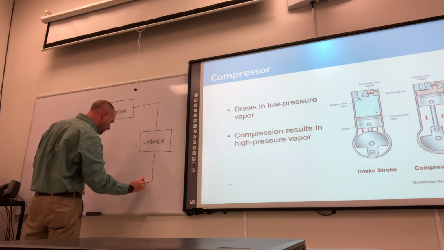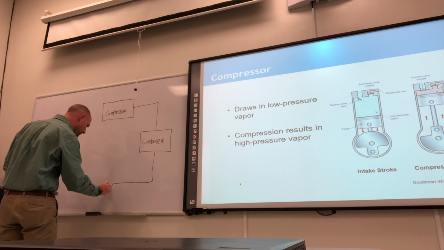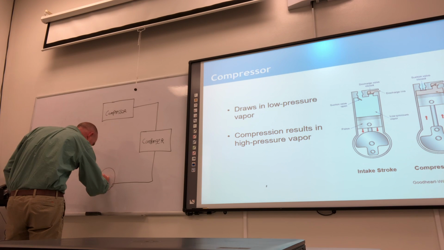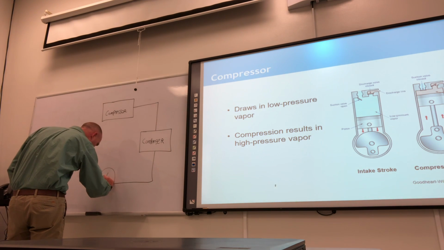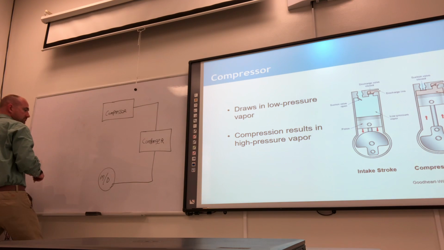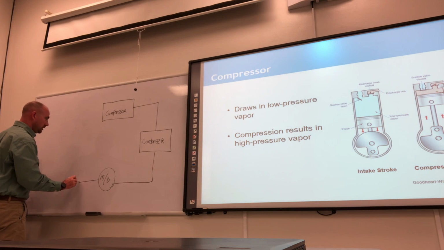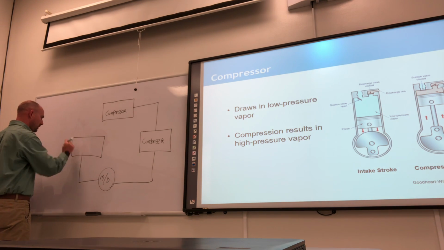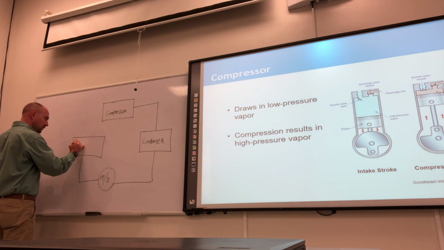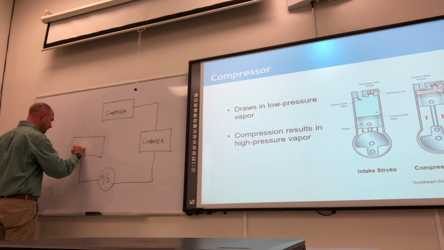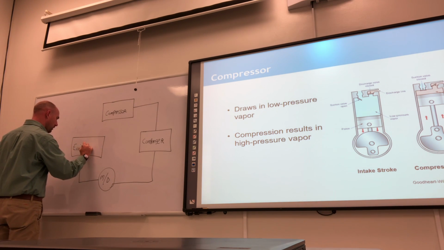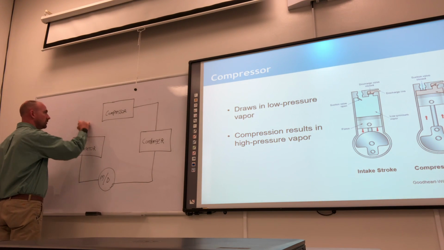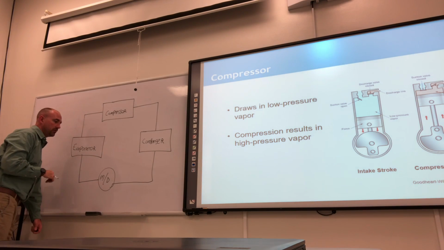Let's go down here a little farther down. We're going to put in our metering device. And then the last component we'll bring up to another box. We'll label this an evaporator. And then we'll connect this back to the compressor.